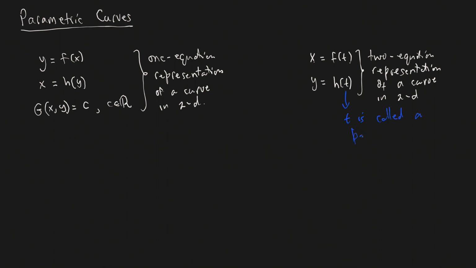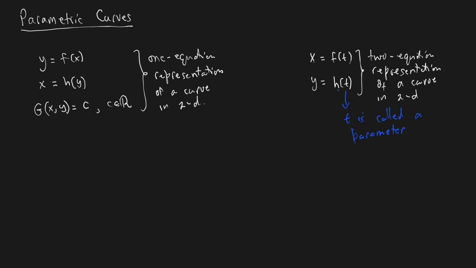A parameter. It is something that we as the user, or maybe I should say as the definer of this thing, we can control t. So we can pick values of t. Hopefully we choose them wisely. And then when I plug the t value into the top equation, I get the x coordinate of the point.